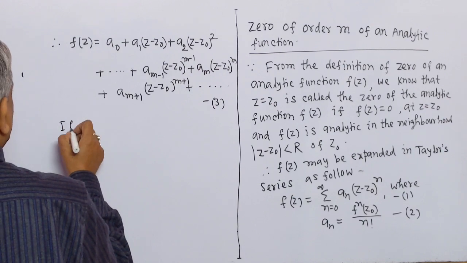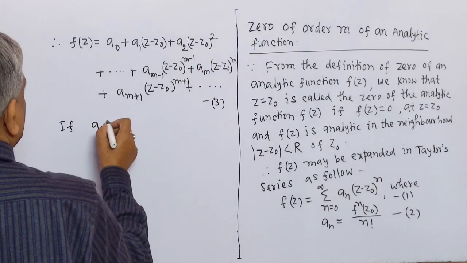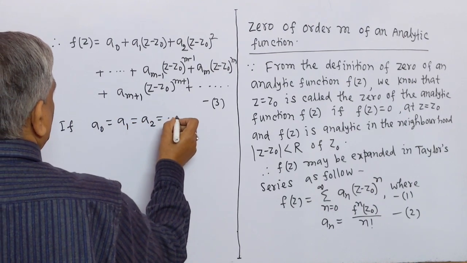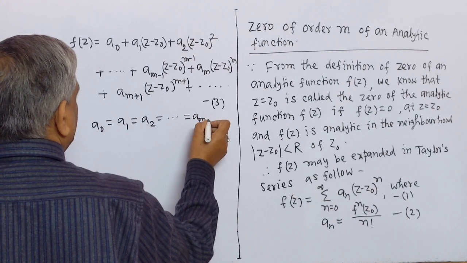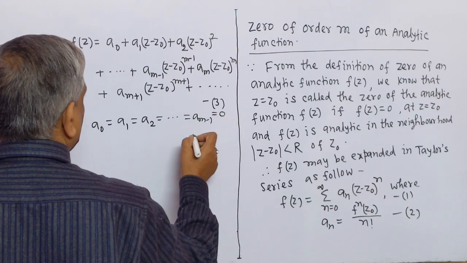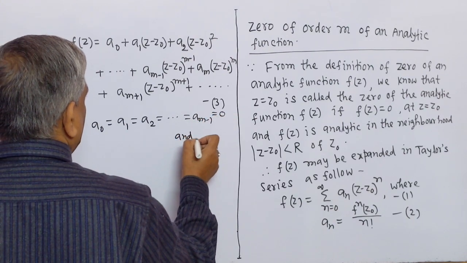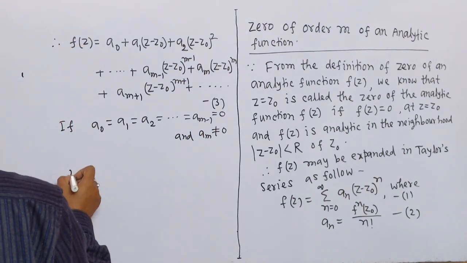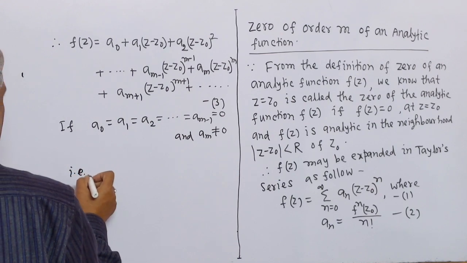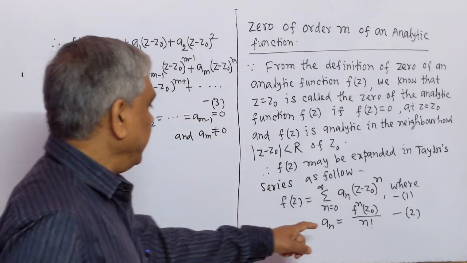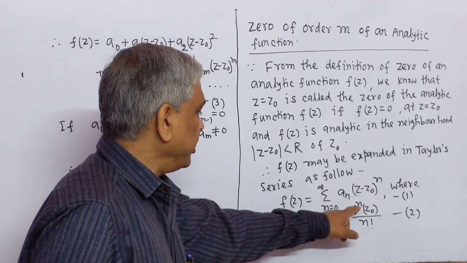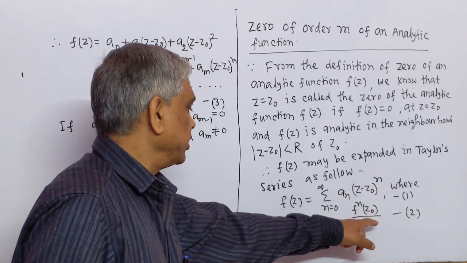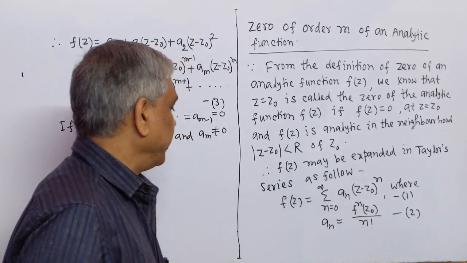If a naught equal to a1 equal to a2 equal to dot dot dot equal to a m minus 1 equal to 0 and a m not equal to 0, that is, here a n equal to the nth order derivative of f(z) at the point z naught by factorial n.